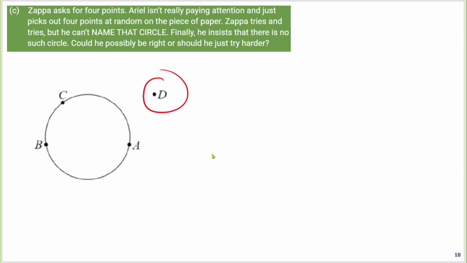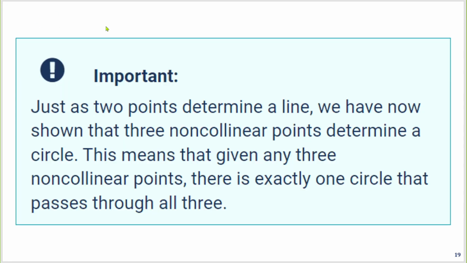So Zappa should give up once he sees that the circle of ABC doesn't pass through D. One such arrangement of points is shown here in this diagram. Okay, this tells us one important conclusion.